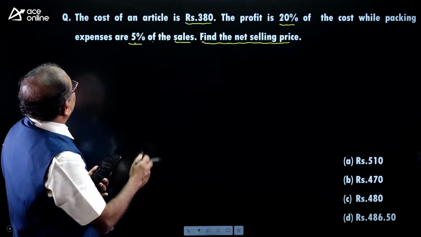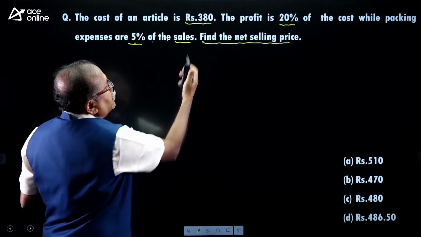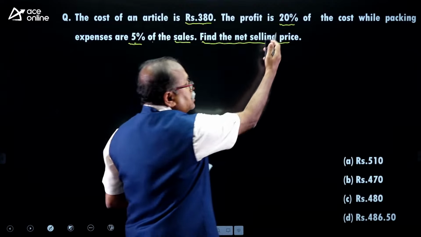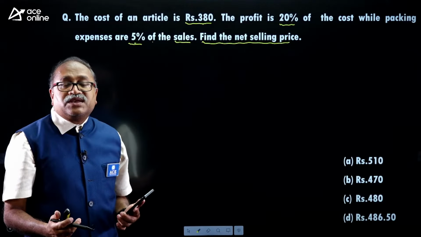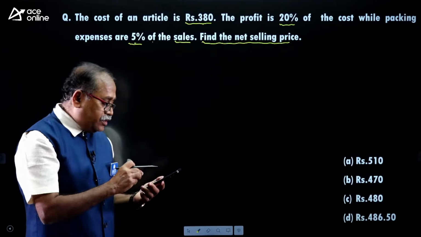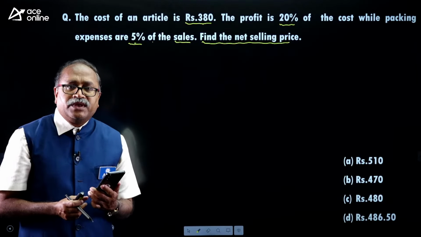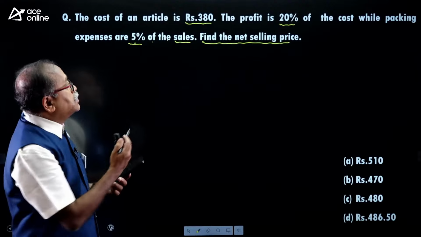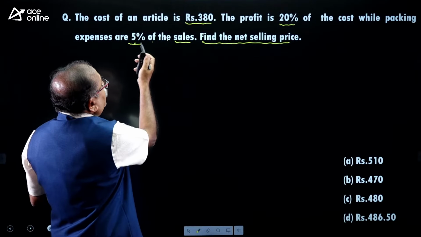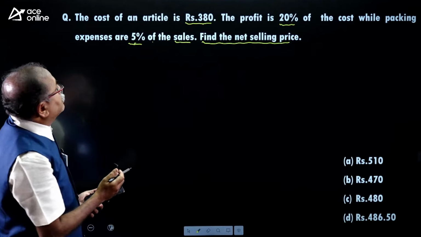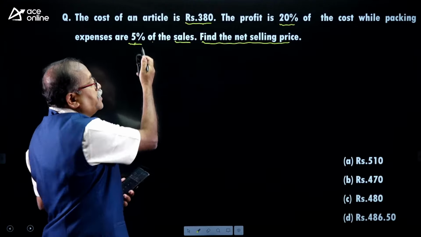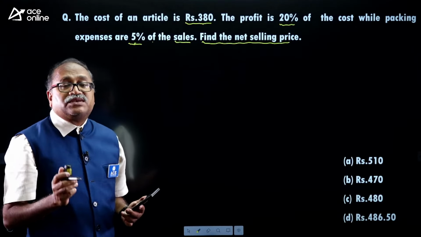Fine. So the cost price is given to us here. With 20% profit, I'll be getting the selling price. The rest of the part, you please do it. See, that's a simple question, but with a small twist, 5% on the sale. What is that? Packing expenditure is 5% on the sale.